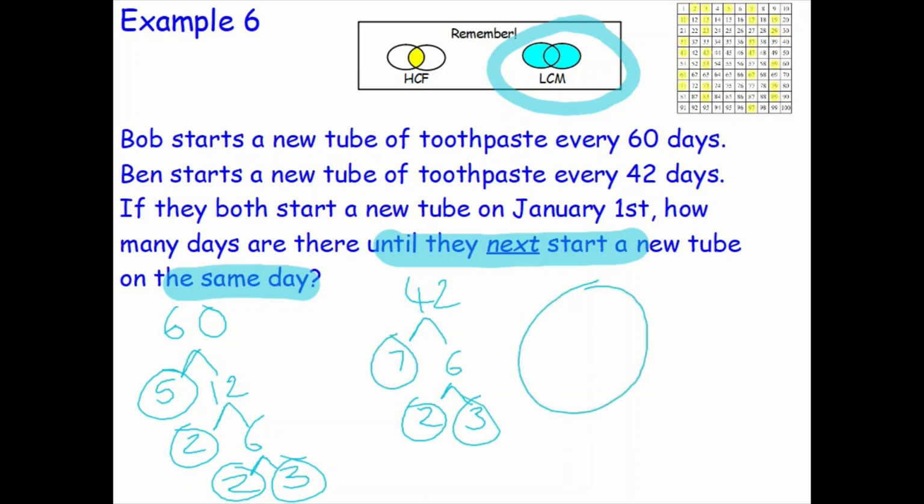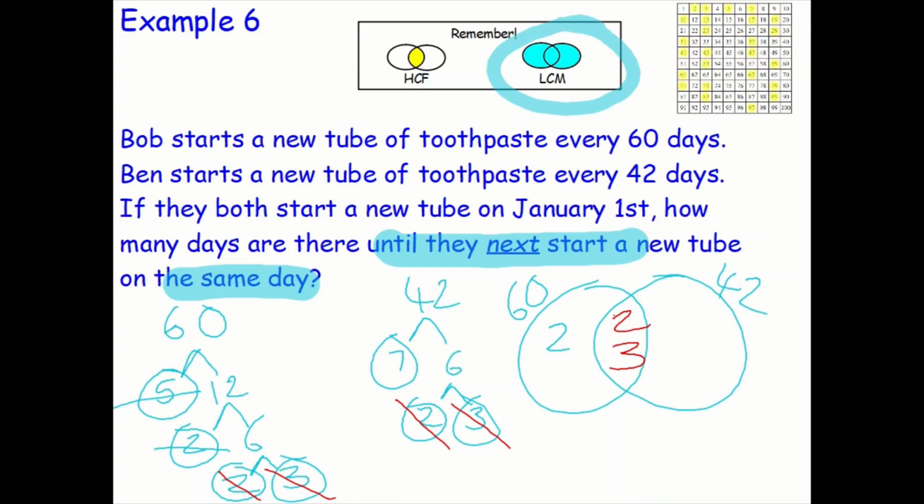So Venn diagram, let's call this one 60, this one 42. What's in the overlap? Well, there's a 2 there and a 2 there, 3 there and a 3 there. And that is it. So what's left on the 60? There's a 2 and a 5. And there's a 7 there.